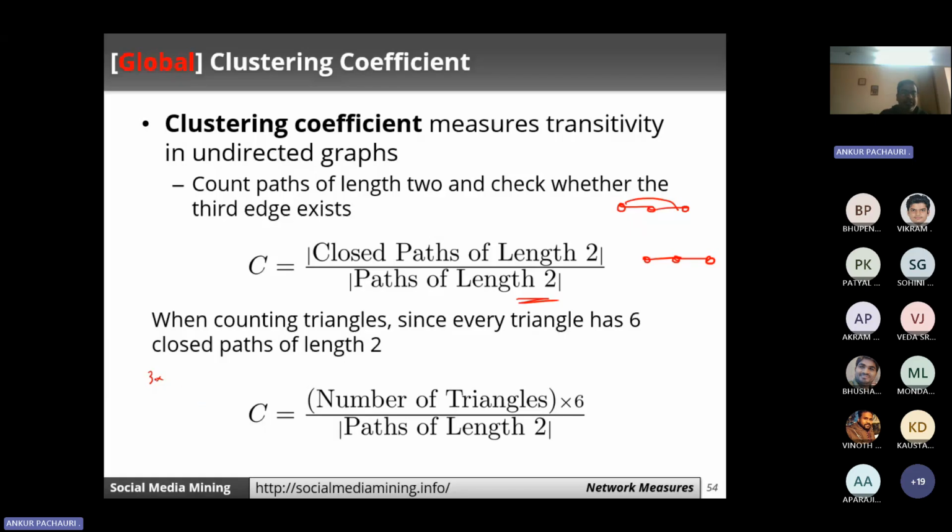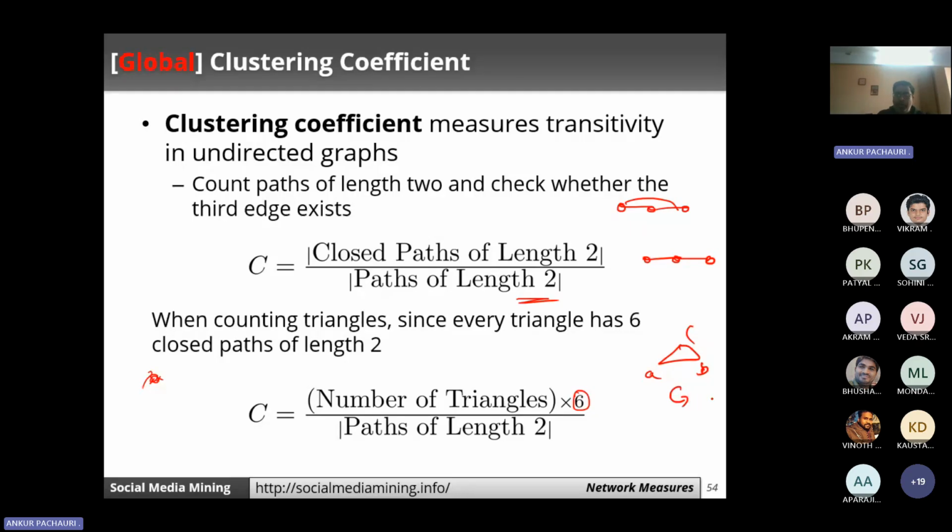If the orientation doesn't matter, the factor can be 6. The number of triangles times 3 accounts for A B C, B C A, and C A B.